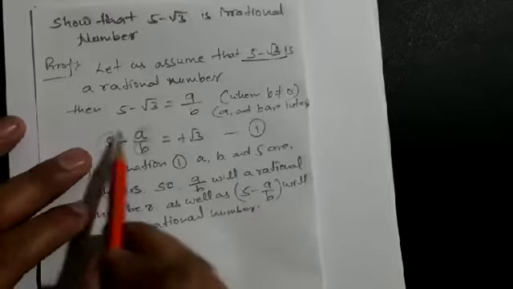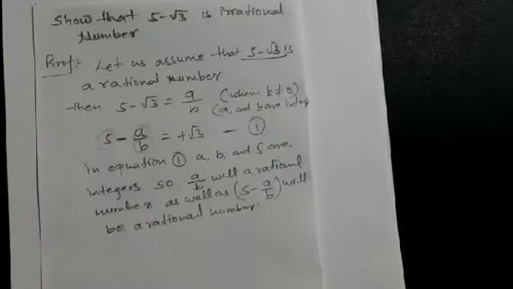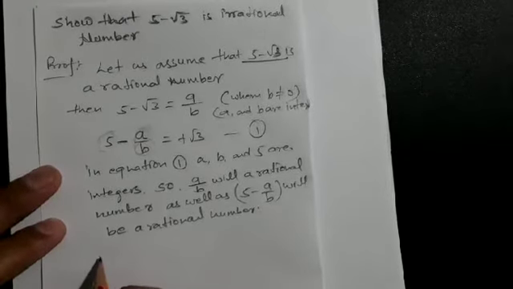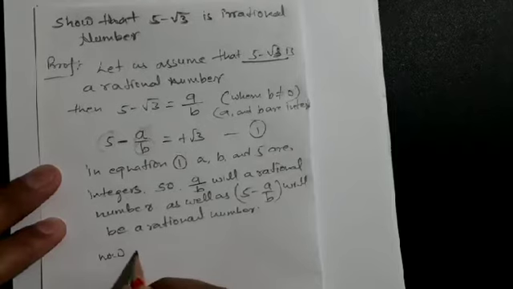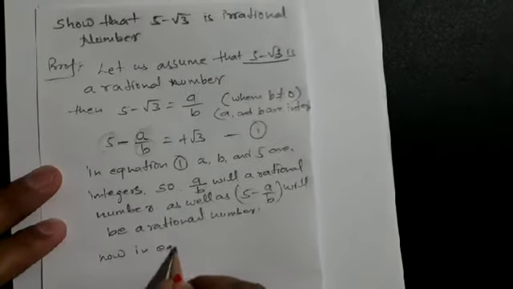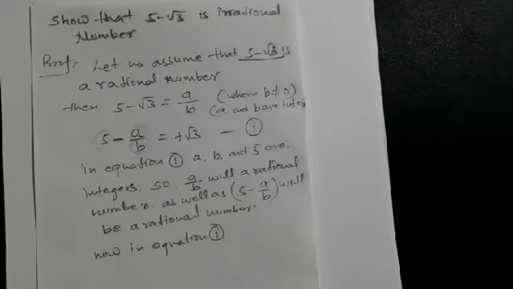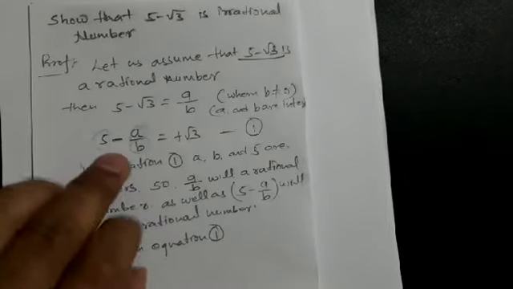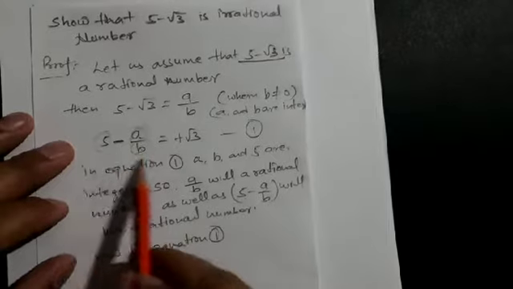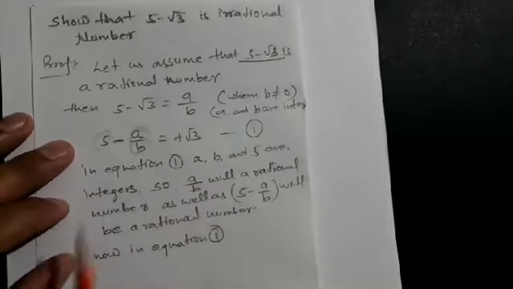Why? Because we are subtracting two rational numbers. When we add, multiply, subtract or divide two rational numbers, our answer will always be rational. So in equation 1, our left hand side, this complete one, is a rational number, and the right hand side is root 3.